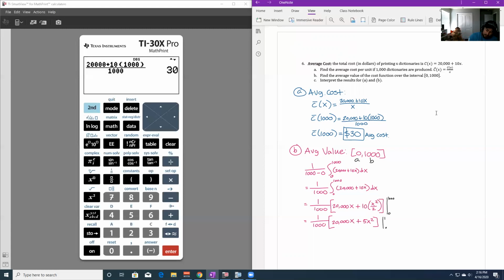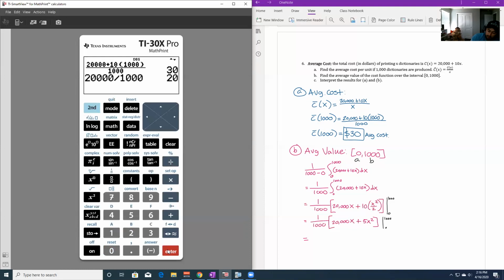Okay, now take this 1,000 and distribute it to 20,000x and 5x squared. For the first one, it's 20,000 over 1,000, which is 20.